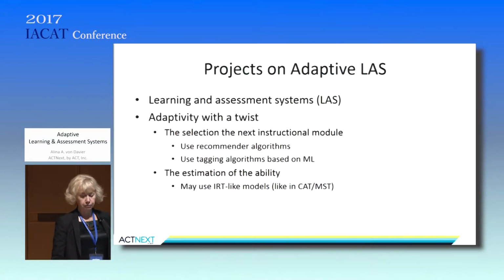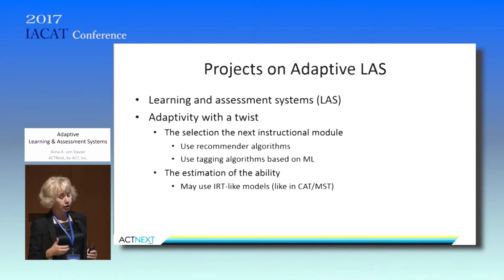So the projects on adaptive learning and assessment systems use different types of adaptivity, but with a twist. The selection of the next instructional module becomes an important part in the adaptive learning framework. And here we look into recommender algorithms that are borrowed from machine learning, artificial intelligence, and electronics.